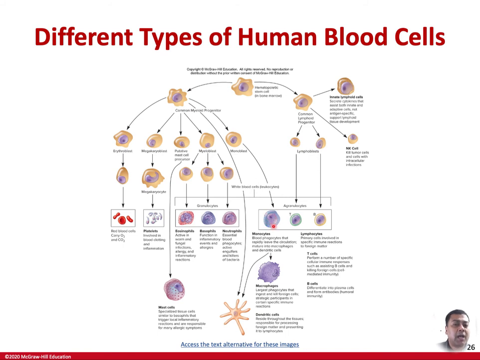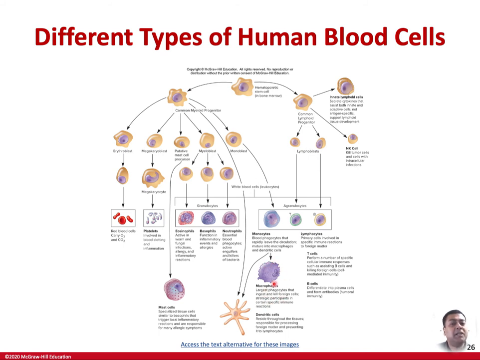The first type of agranulocyte is known as the monocyte. These monocytes differentiate from the monoblast, and once the monoblasts produce the monocyte, it circulates in the blood for about 8 hours, then leaves the blood circulation into the tissue space and differentiates into macrophages or dendritic cells. The macrophages are some of the largest phagocytic cells in the body, and they move into the tissues from place to place.